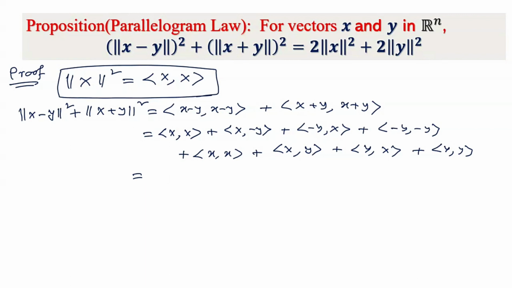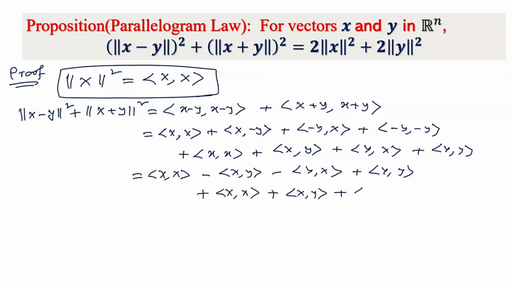So therefore we can rewrite this as inner product xx minus inner product xy minus inner product yx plus inner product yy, and repeat the same terms: xx plus xy plus yx plus yy. Now, inner product xx and inner product xx become 2 inner product xx, then the cross terms cancel out and you have plus 2 inner product yy.